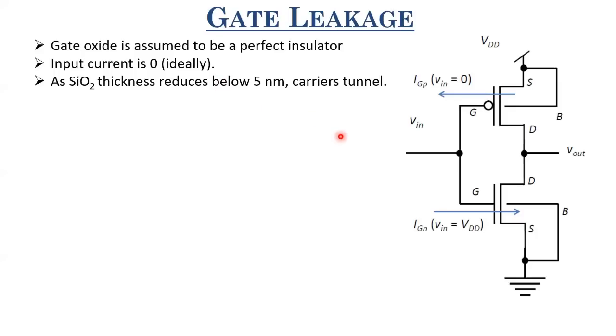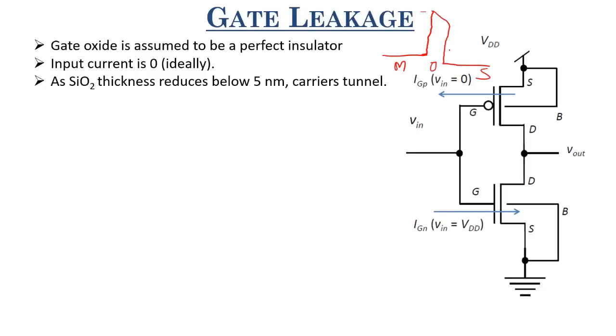Because if you draw its energy band profile of electrons, let me just draw it once. If we draw energy band profiles going from the metal to the oxide and then to the semiconductor, it looks something like this. This is the metal, this is the oxide, and this is the semiconductor.